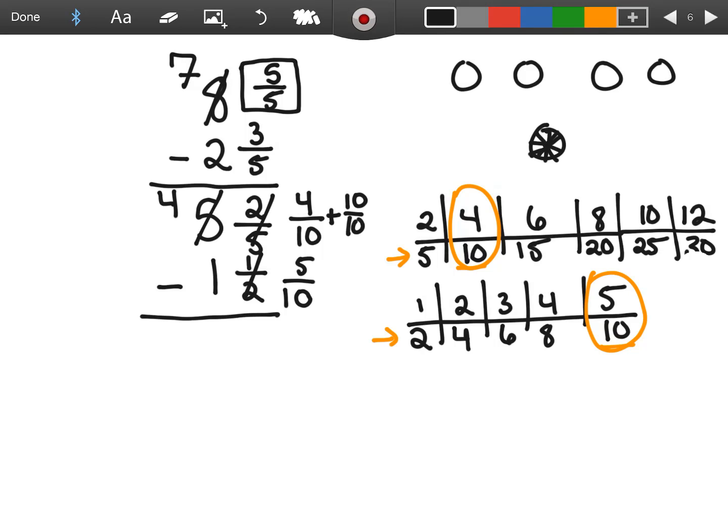And I'm going to add that 10/10 here, and I end up with 14/10. Now I can subtract. 14/10 minus 5/10 is 9/10, and 4 minus 1 is 3. So that's how much TV time he has left after Wednesday, and that is the answer to our question.